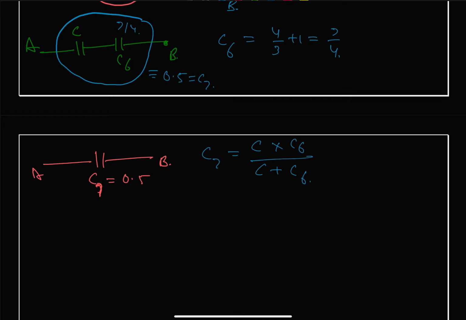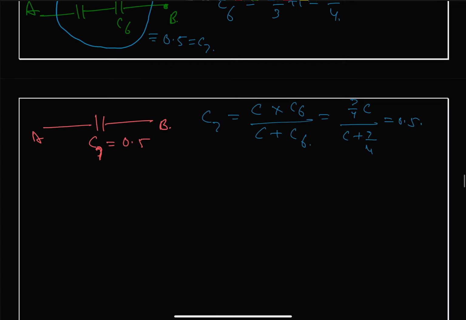And C6 is our 7 by 4. So this comes as 7 by 4 times C, and this will be C plus 7 by 4. C7 is our 0.5. So we can just solve it. We cross multiply it.